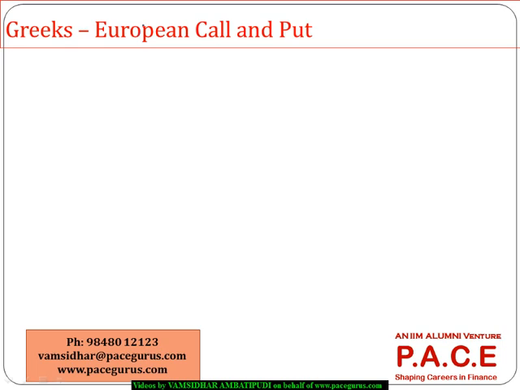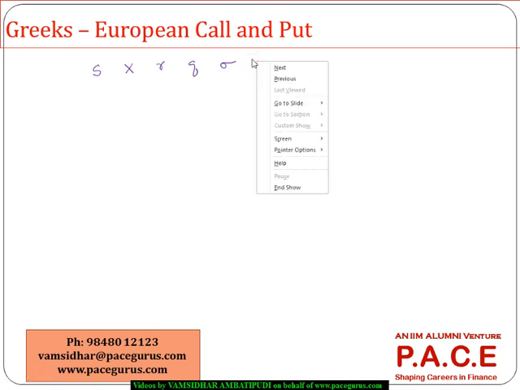Now that we know the Black-Scholes formula, and we know that it depends on the current spot price, the strike price, the risk-free rate of return, the continuous dividend given by the asset, the volatility of the underlying asset, and the time to maturity of that particular asset.